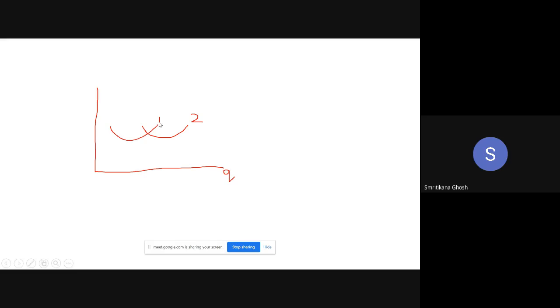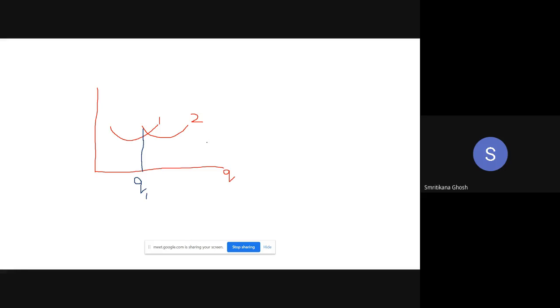Anyway, now look what is happening. In the long run, you can move from this to this, right? Now, say you are trying to produce Q1.